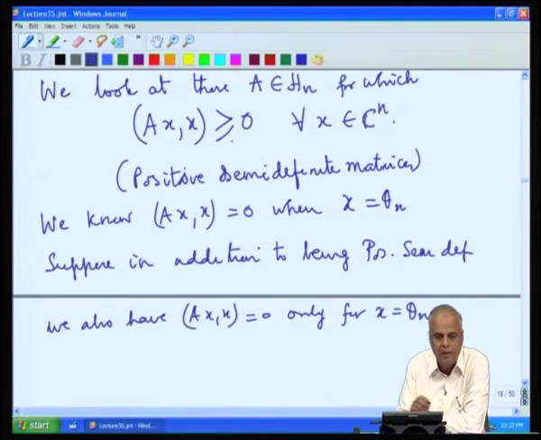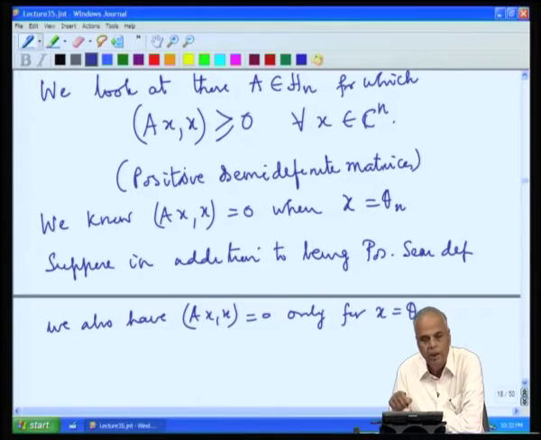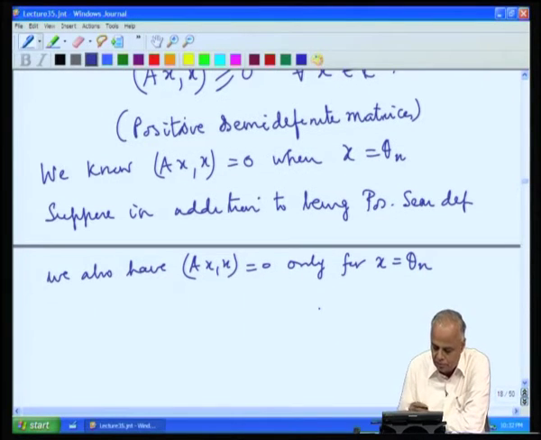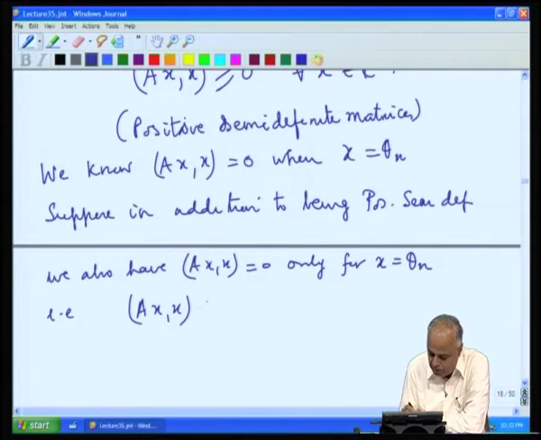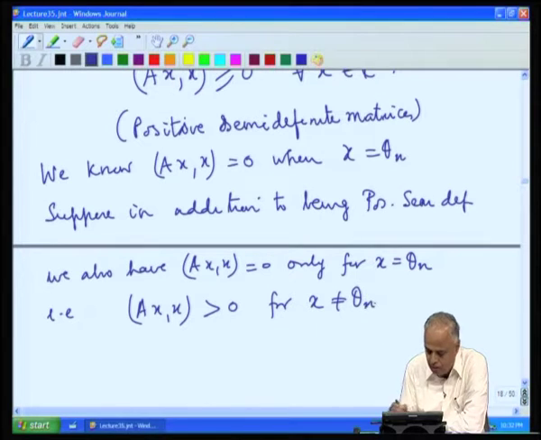It is always greater than or equal to 0 and equal to 0 only for x equal to theta n. That is, A x comma x will be strictly positive for x not theta n. We say A is positive definite.